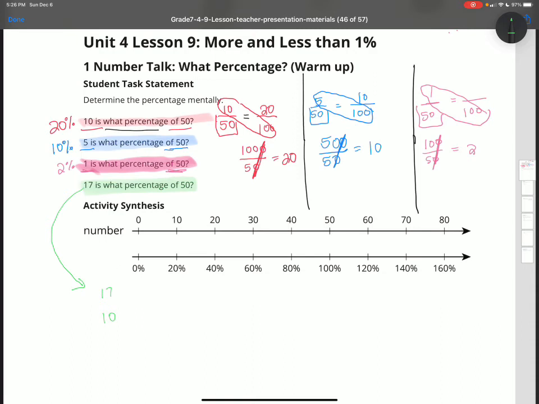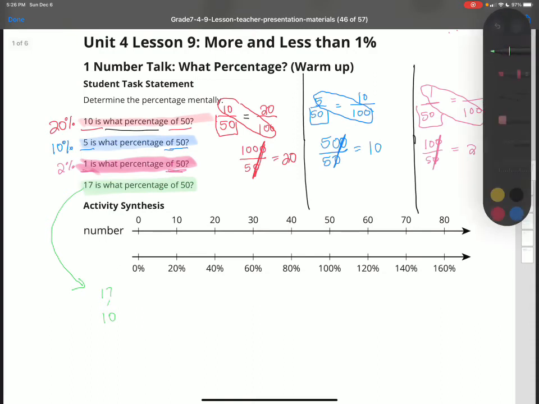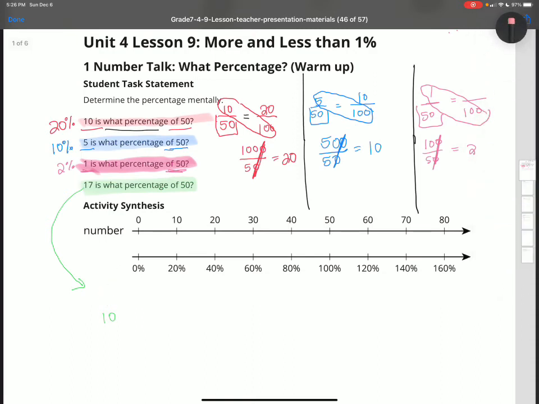Let me erase this because I want y'all to get it. Here we go. I could take 10 from 17, and 10 was what percentage of 50? If you guessed 20%, you are absolutely correct. So once I take 10 from 17, I have 7 left over.